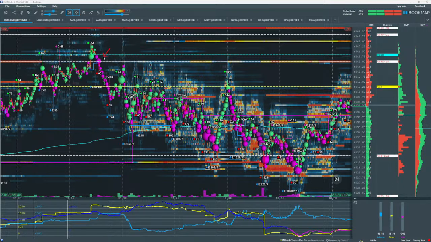Now this is a little bit before the cash open, right around 9:20, 9:25, something like that. There's your first short entry, and then at the cash open, ES makes a lower high as options traders were taking negative delta positions.